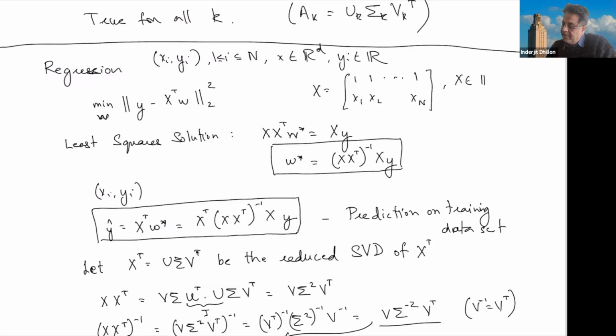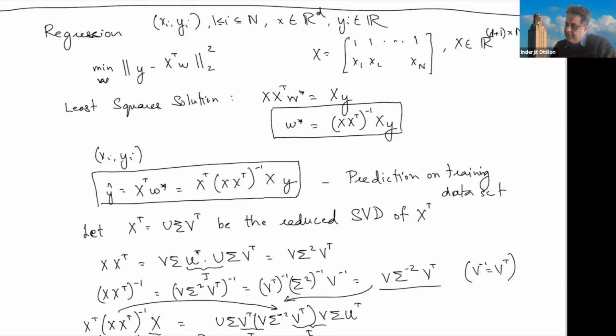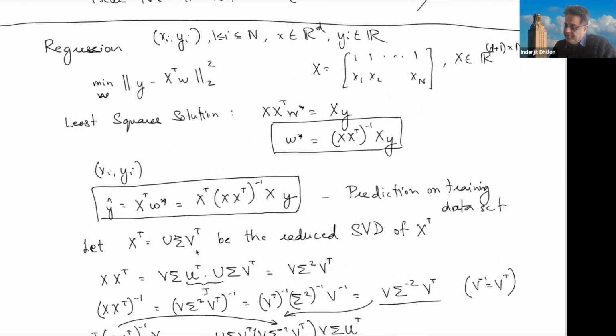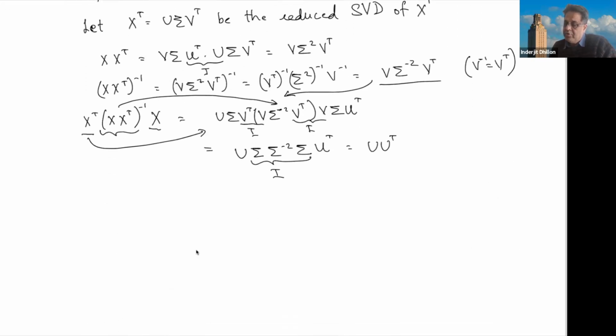X is R D plus 1 by N. And then U is U1, U2 through U D plus 1. So U transpose U is the identity, but UU transpose is not the identity.